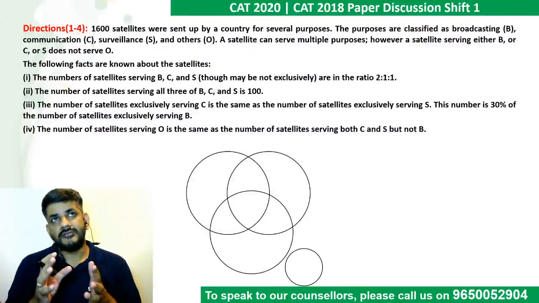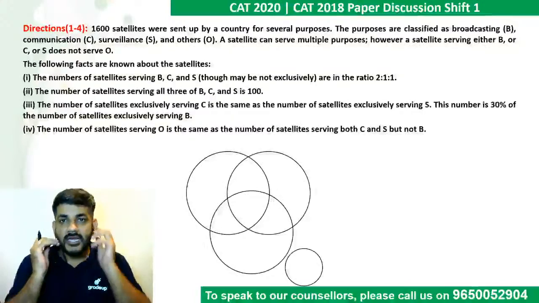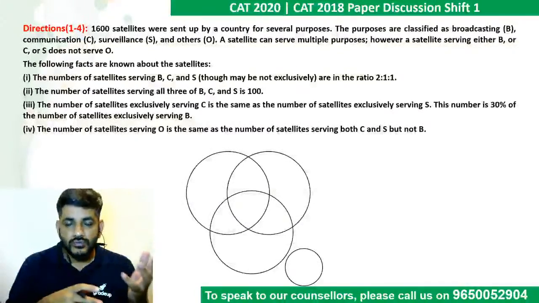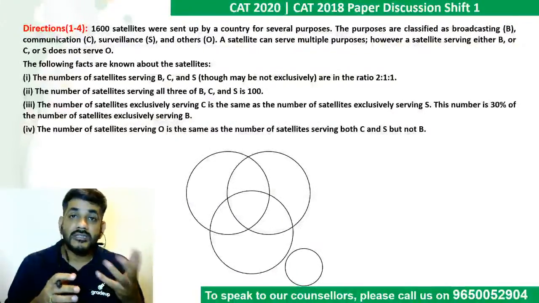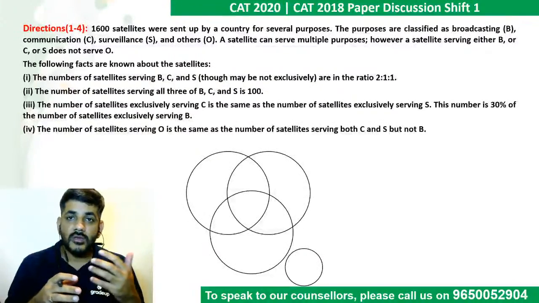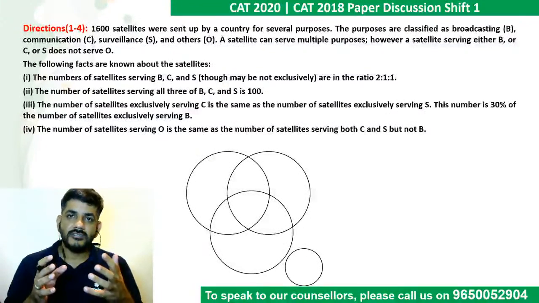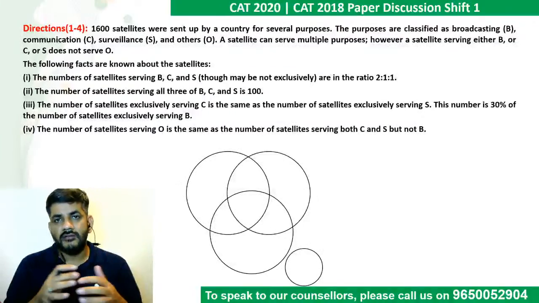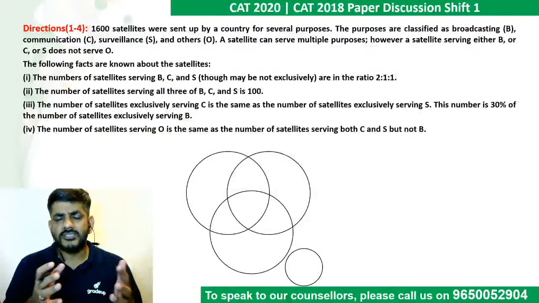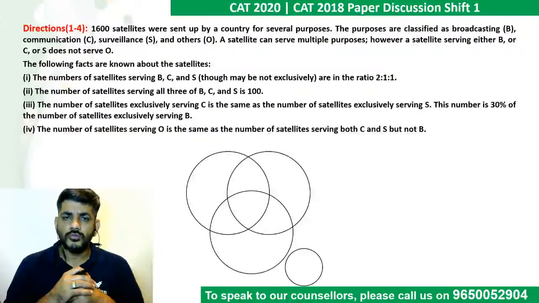But when it gives something like how many satellites are classified as exactly 2 of them, exactly 3 of them, exactly 1 of them, in those cases we do not use a Venn diagram, we use the token distribution approach.